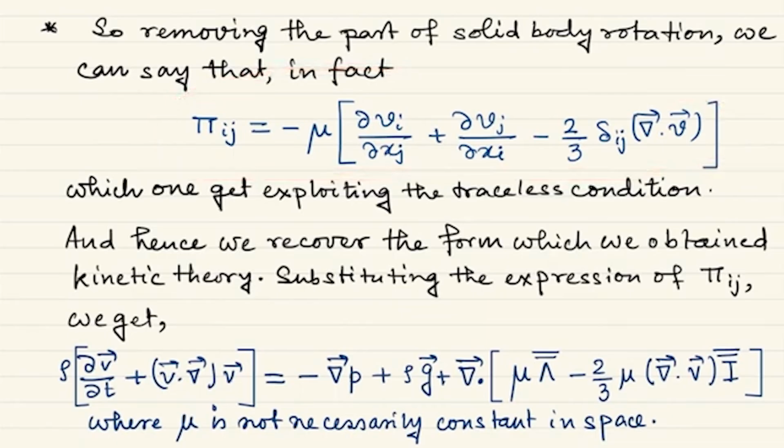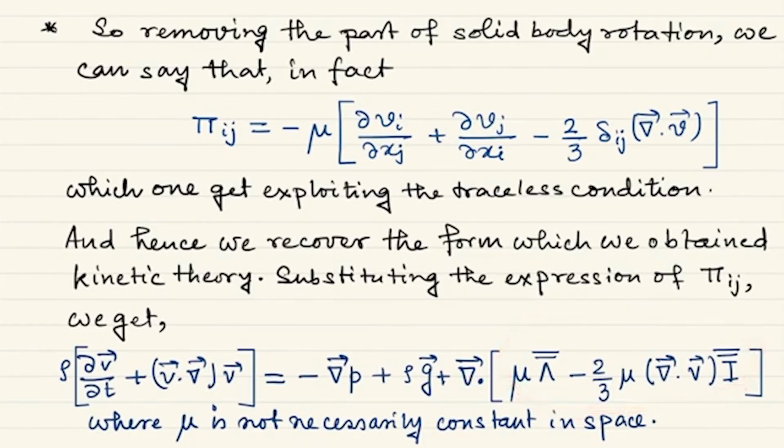Okay, and hence we see what we expected, and substituting now the value of pi ij in the so-called momentum evolution equation, which we call the Navier-Stokes equation as well, we get rho times del v del t plus v dot nabla v is equal to minus gradient of P, where P is the diagonal element of the pressure tensor, plus rho times G, this is the body force density, plus divergence of this pi ij.